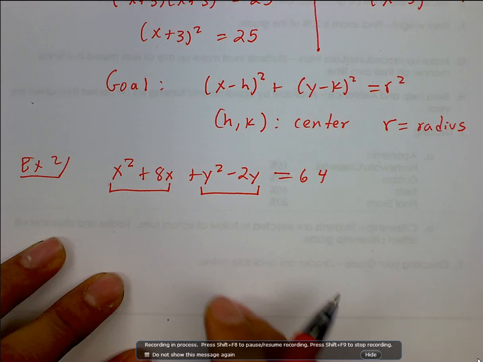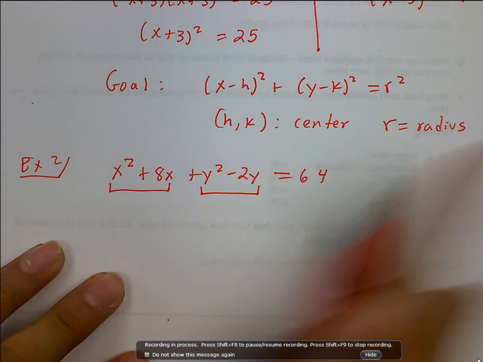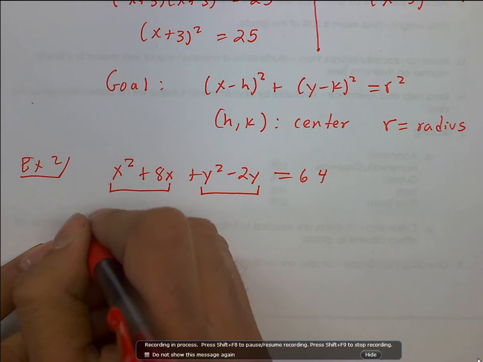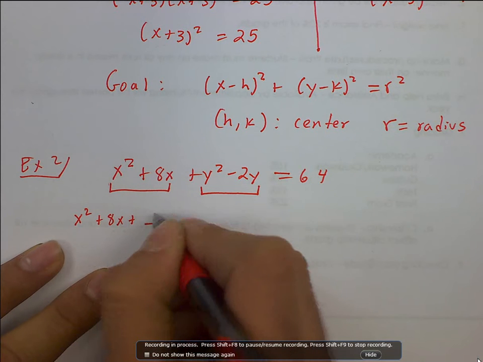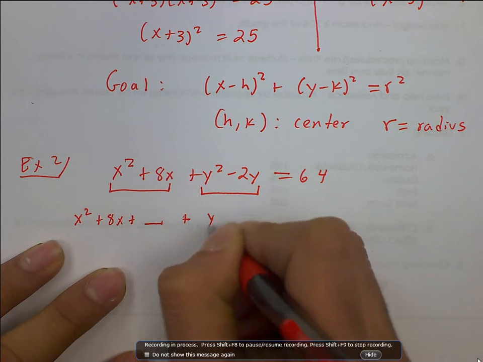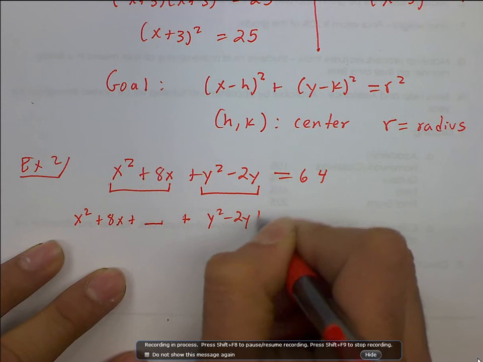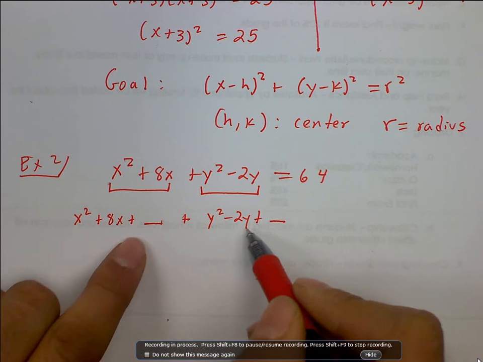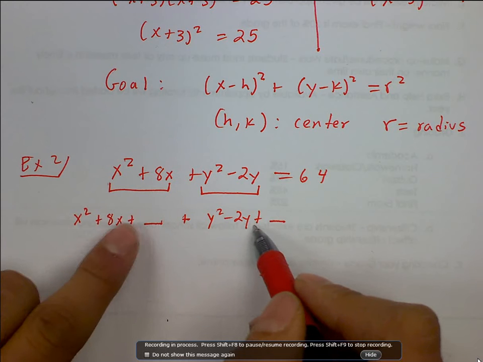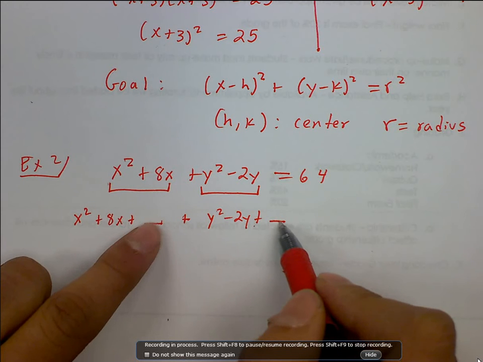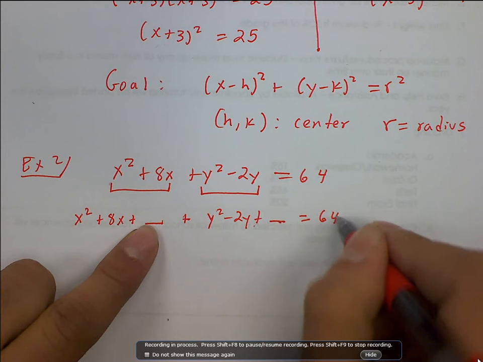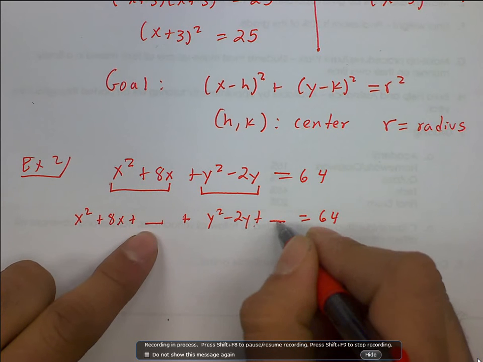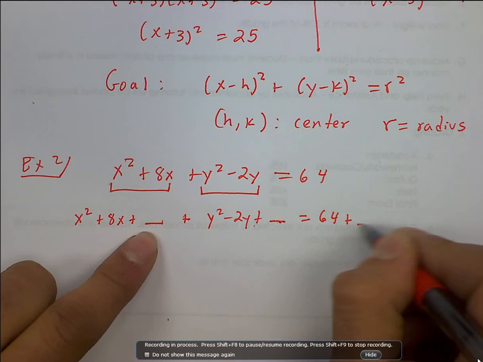So you have to do it twice. We have x squared plus 8x plus something here, and then plus y squared minus 2y plus something here. After we complete the square for the x's and the y's, we're going to add something to make each a perfect square. Whatever we add here, we're going to add on the right-hand side as well.